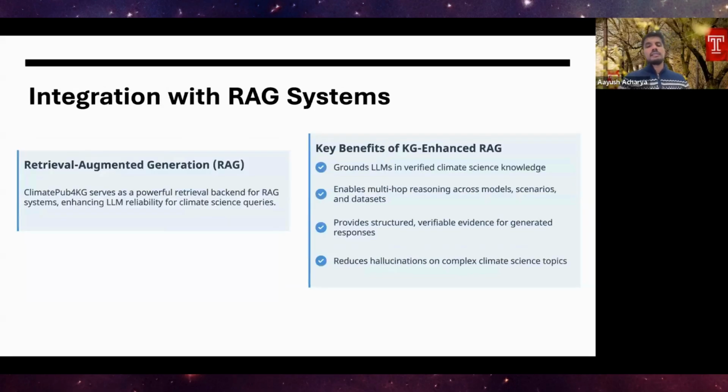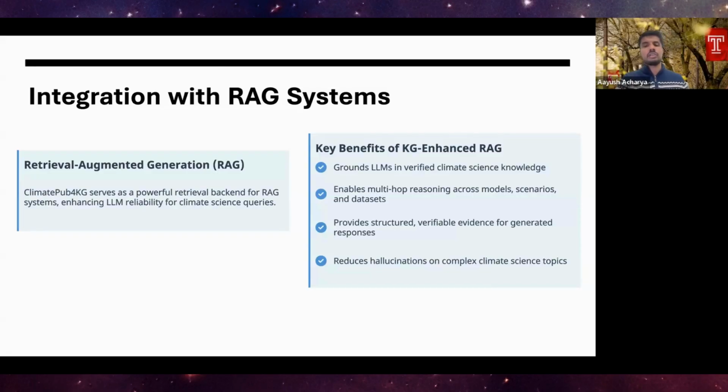What we've partly done so far is an integration with RAG systems. So we have a retrieval augmented generation pipeline. We heavily rely on LLMs, but a lot of the things LLMs say are sometimes hallucinated.